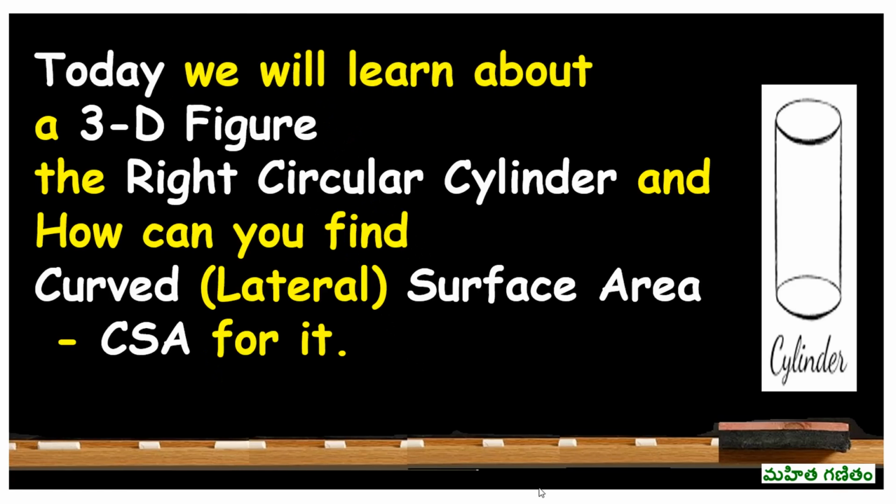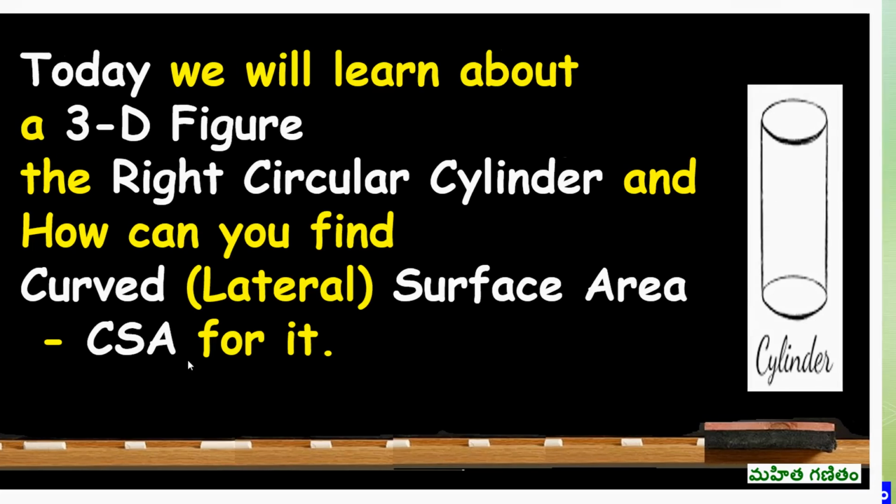Today we will learn about a 3D figure, that is a right circular cylinder, and how to find its curved surface area, which is also called lateral surface area, CSA.